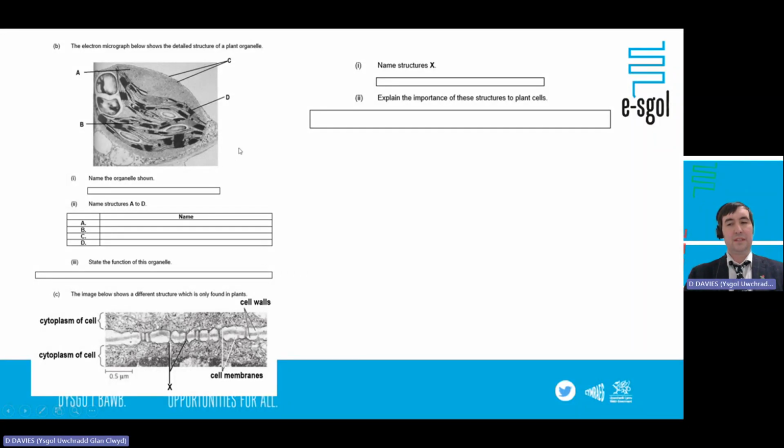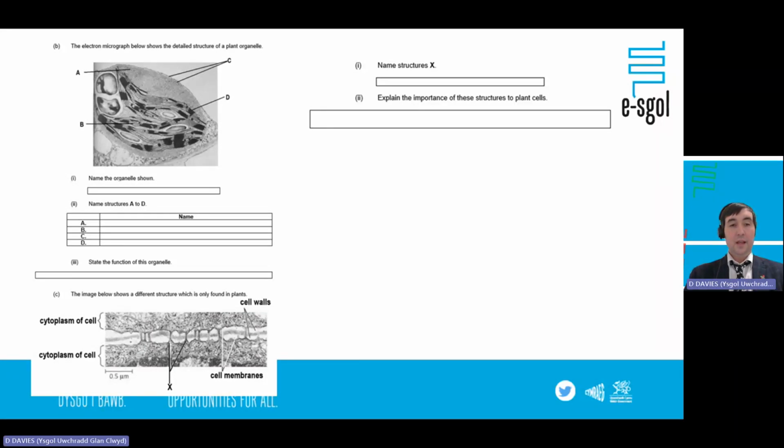A little clue for you: if that was in an exam paper, it would probably be in colour and it would probably be green. Name the structure of the organelle, and then there are other things for you to name as well. Being able to identify what these things are in detail is essential, and being able to identify them on the diagram is also essential.